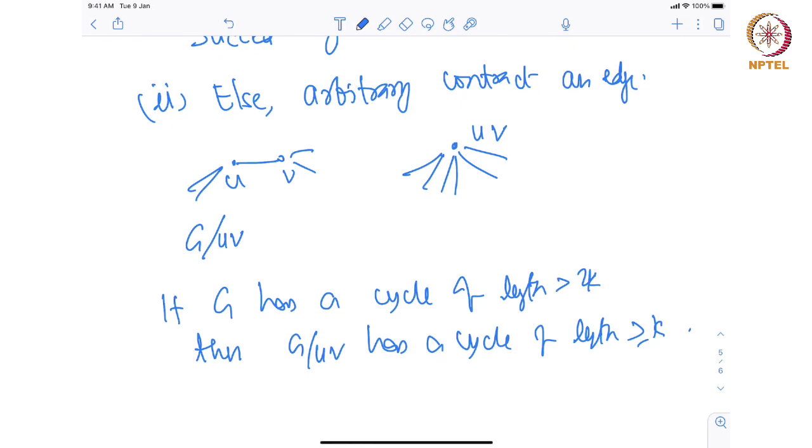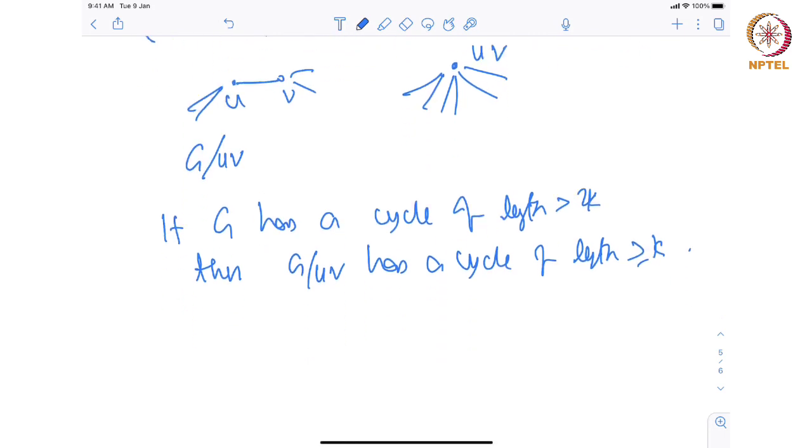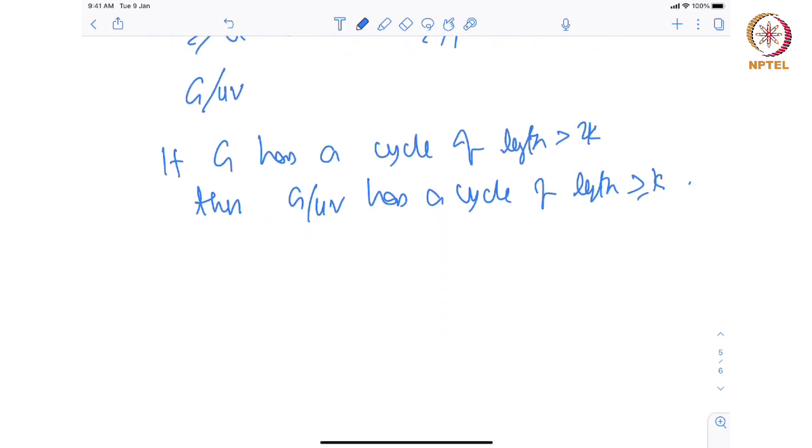Why? So, let us prove this. So, if G has a cycle of length at least 2k, so here is a cycle.